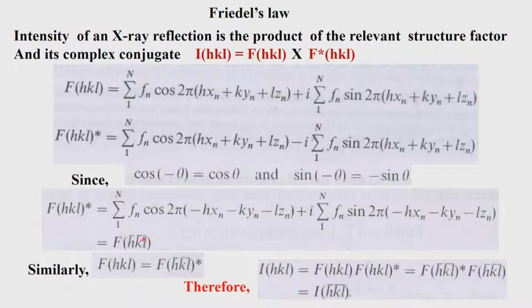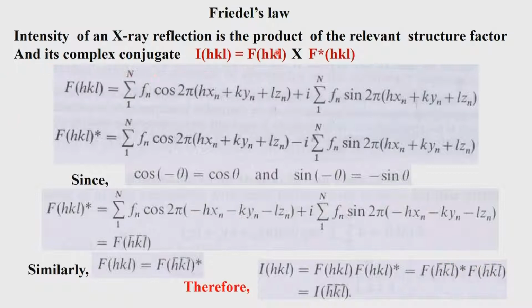Therefore, because of this complex conjugate nature of F(HKL), you will get I(HKL) equal to F(HKL) times F*(HKL), and that is equal to F(h bar k bar l bar) times F*(h bar k bar l bar), because F(HKL) is equal to F*(h bar k bar l bar) from this expression, and from the other expression you write F(h bar k bar l bar). And what does this represent?